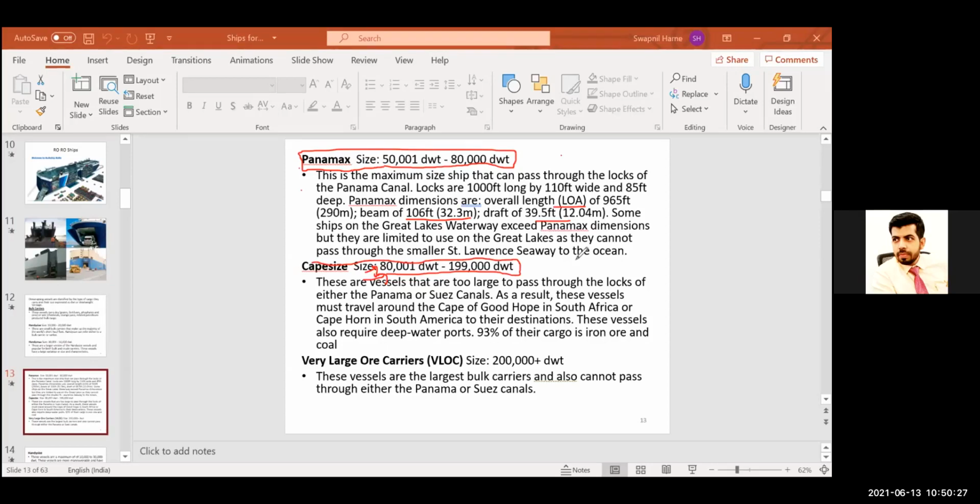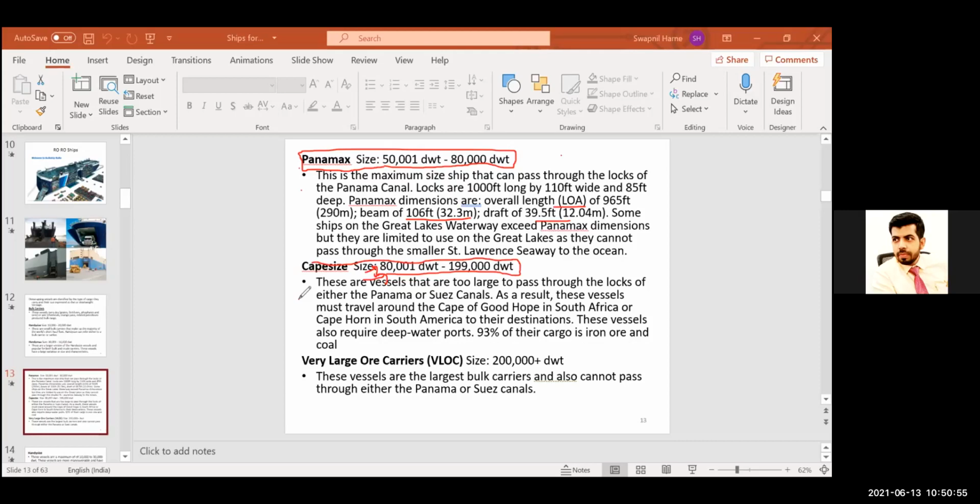They cannot even cross through the Suez Canal. Now the size of Suez has been increased, so there are big Cape sizes also passing through the Suez Canal. But earlier these vessels had to go around the Cape of Good Hope. So that's why such bigger size vessels are called Cape sizes.